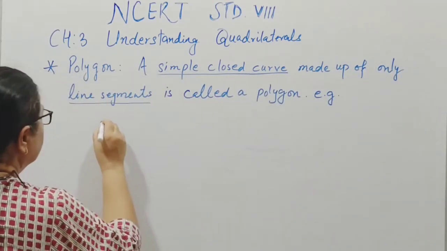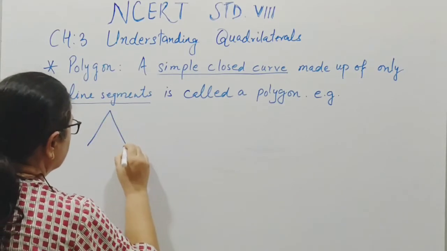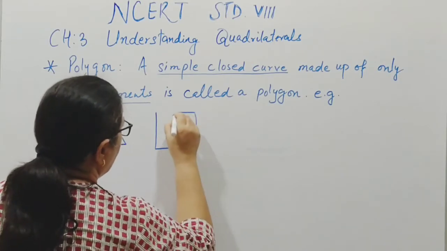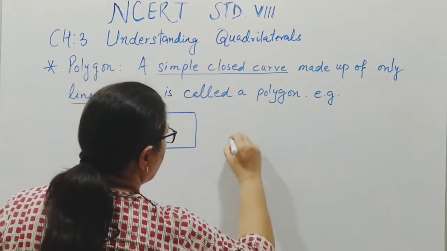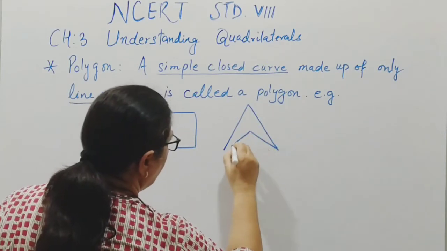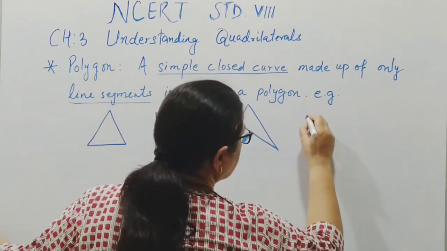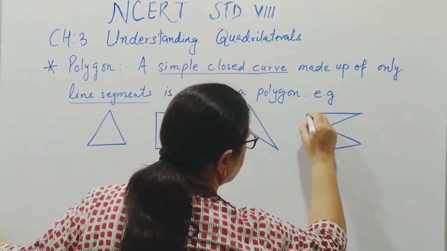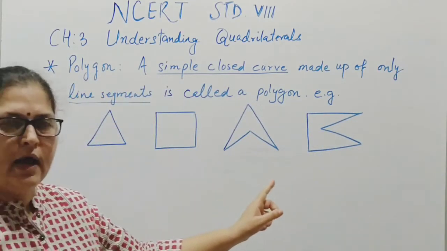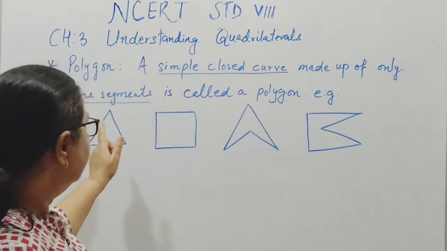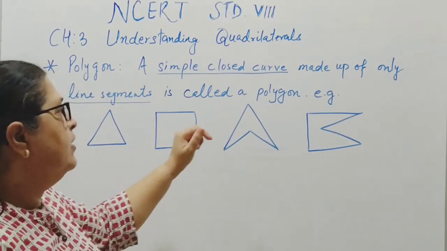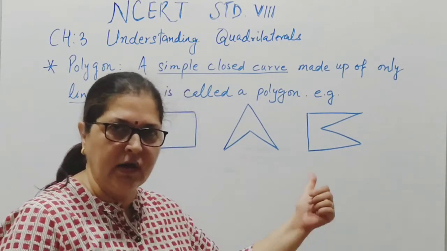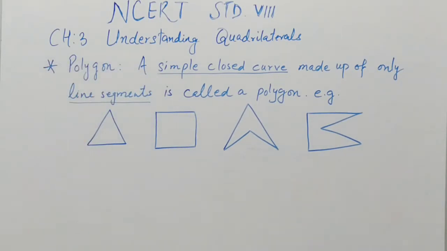For example, these all are polygons. They are simple, closed and made up of only line segments. So these all are polygons.